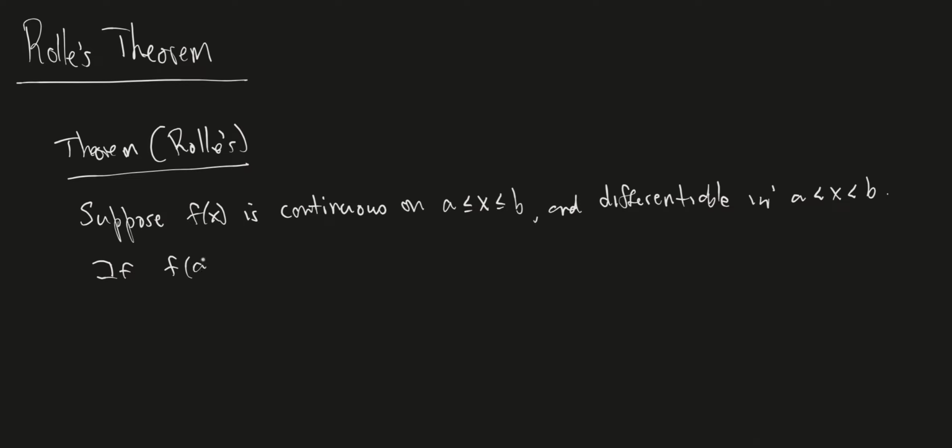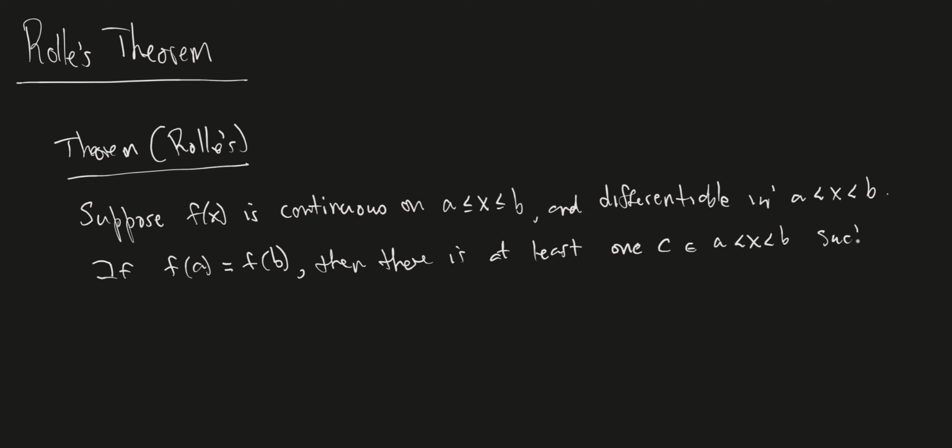If f of a is equal to f of b, so the function values at the endpoints are the same, then there is at least one c in the open interval a to b such that f prime of c is equal to 0.